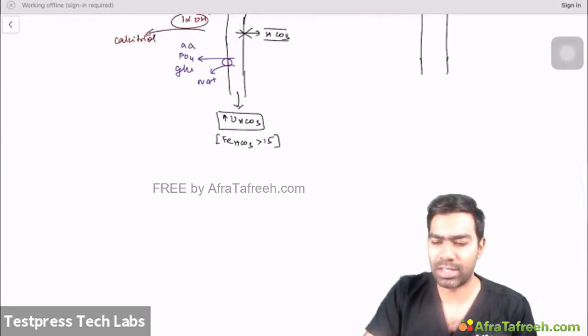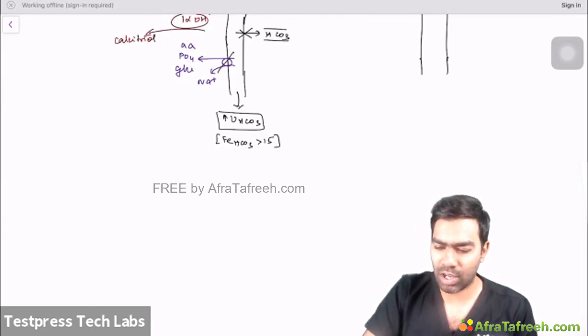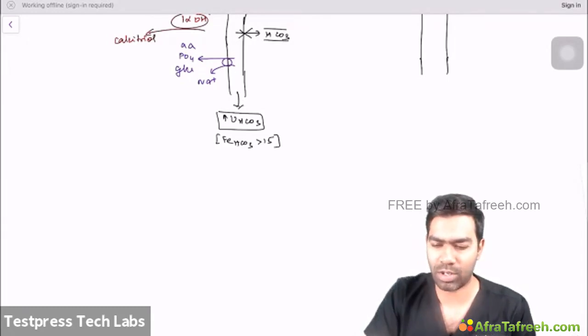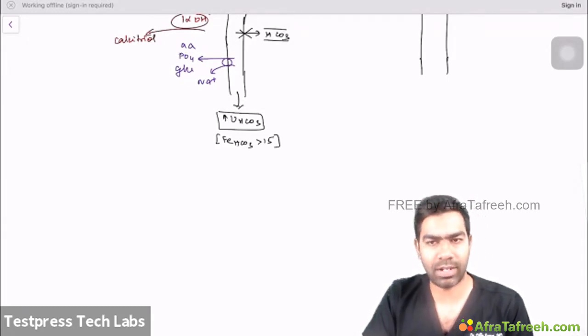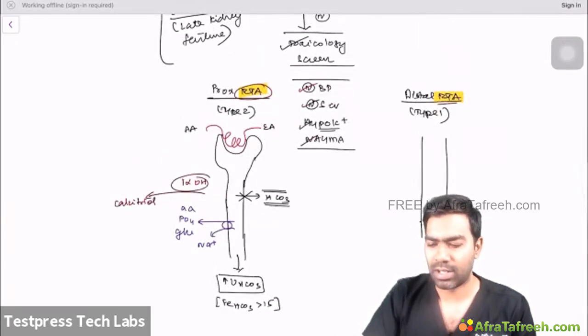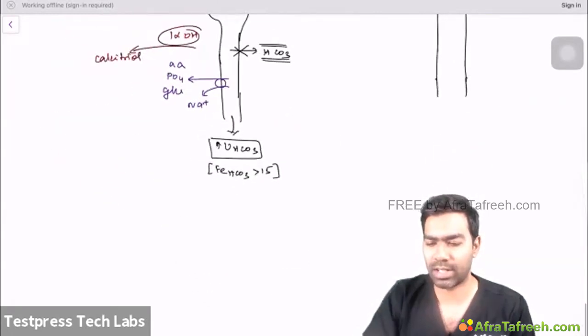Sometimes these functions also may be affected. Remember, this may or may not be affected. I'm not saying that they should be affected. The most important function that is affected is the bicarbonate reclamation function.